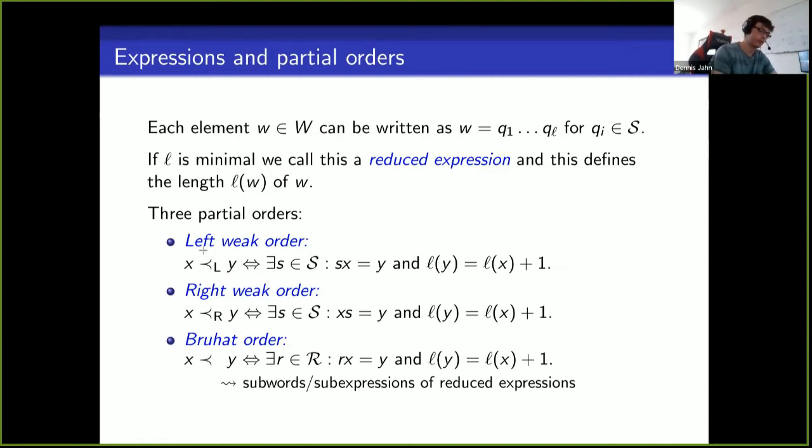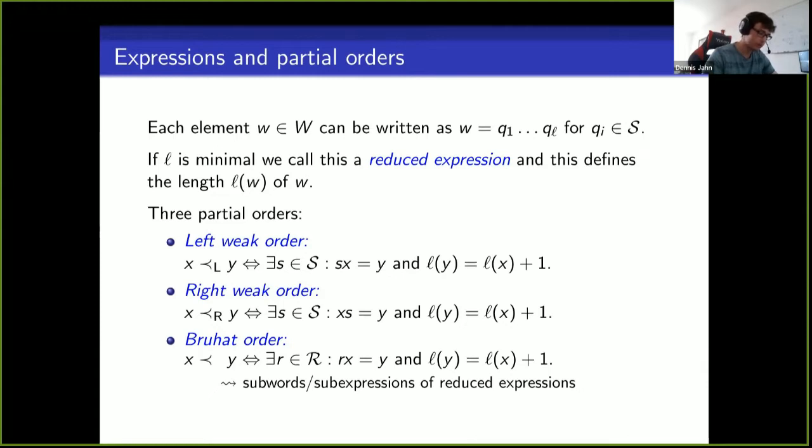The first one is the left weak order, where we have the cover relation: x is left covered by y if there is a simple reflection that we can apply from the left side to x to obtain y, and their lengths differ by 1. This is, given a reduced word for x, we can add a letter on the left side to this reduced word to obtain a reduced word for y.